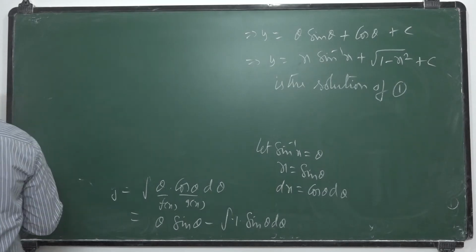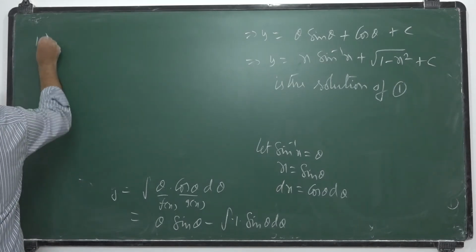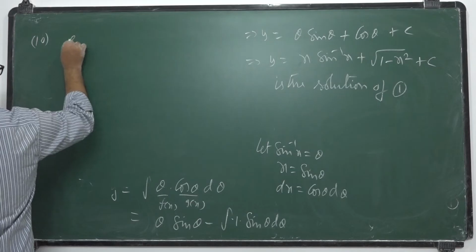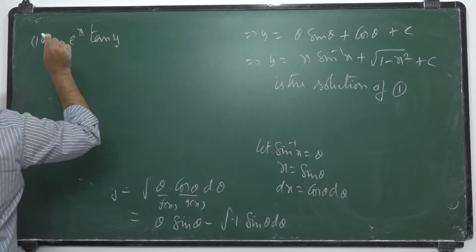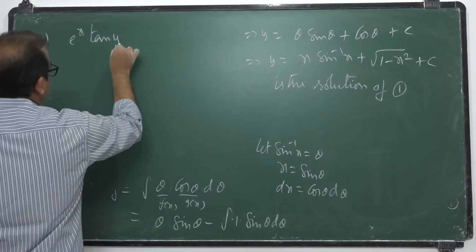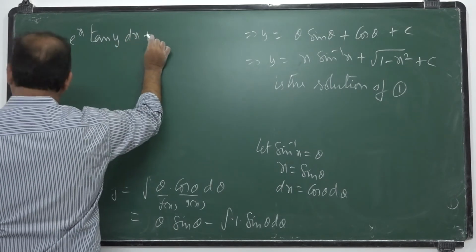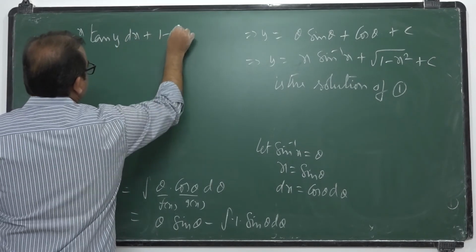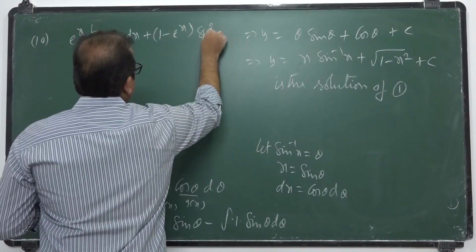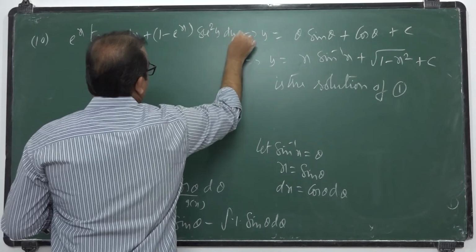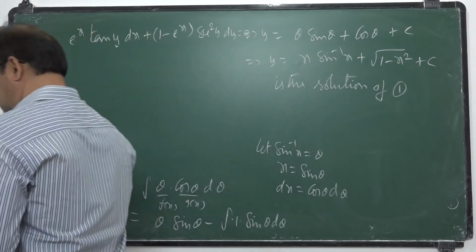Next, 10th one. e power x into tan y into dx plus 1 minus e power x into secant square y dy is equal to 0.